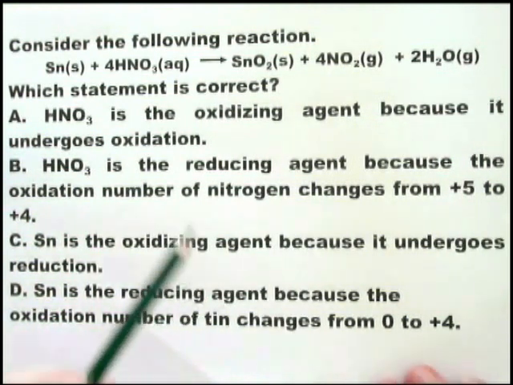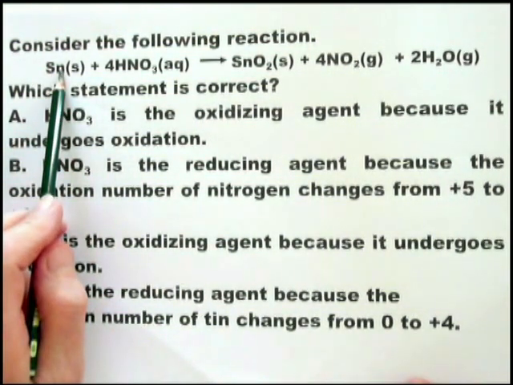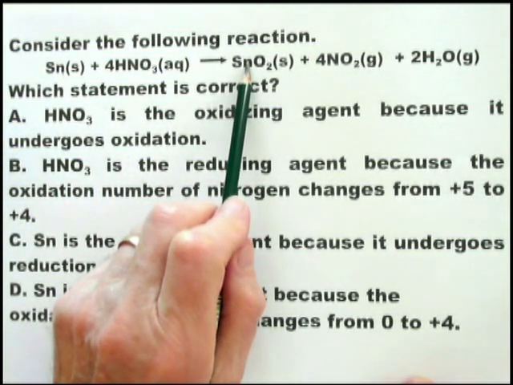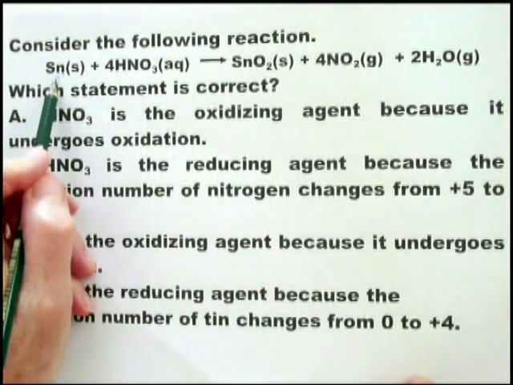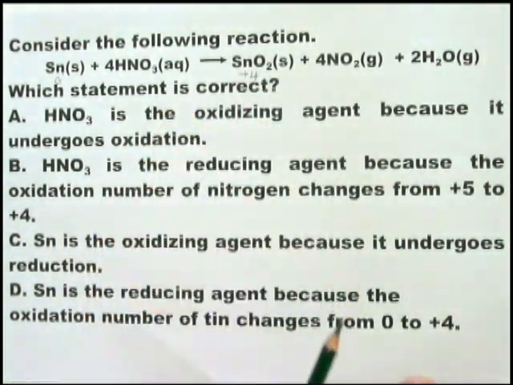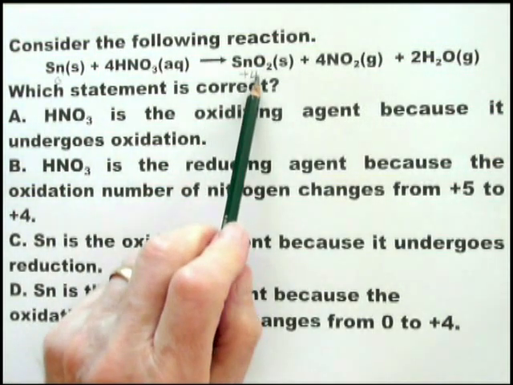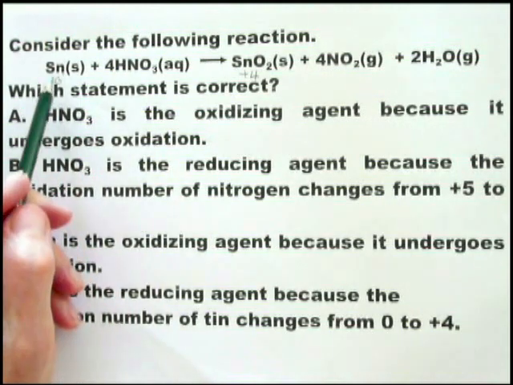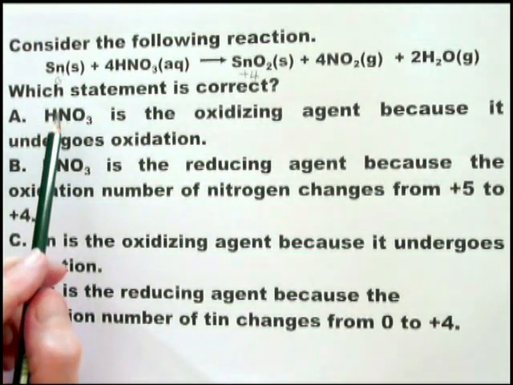Again, we look at this and we see immediately Sn with an oxidation number of 0 goes to Sn with an oxidation number of +4. So we know that Sn is being oxidized, and therefore we know nitric acid is doing the oxidation. So what are we looking at?